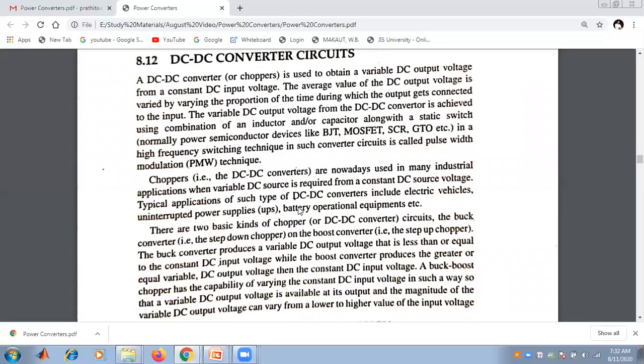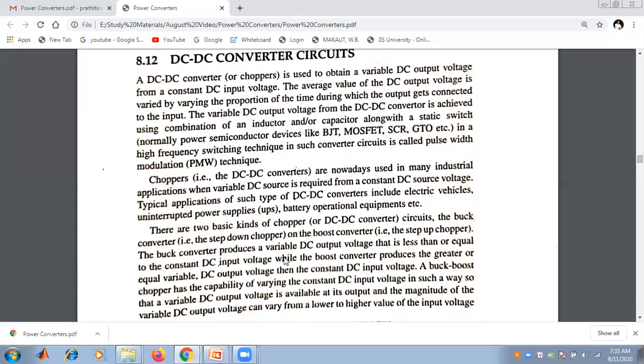Choppers, that is DC to DC converters, are nowadays mainly used in industrial applications when a variable DC source is required from a constant DC source voltage. Typical applications include electric vehicles, uninterrupted power supplies, that is UPS, and battery operated equipments.